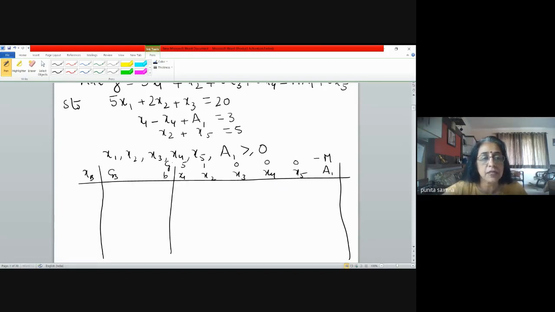I'll have my basic variables here. So it's going to be 20, 3, 5. x1 is going to be 5, 1, 0. Correct me if I'm wrong, okay? Then x2 is going to be 2, 2, 0, 1.